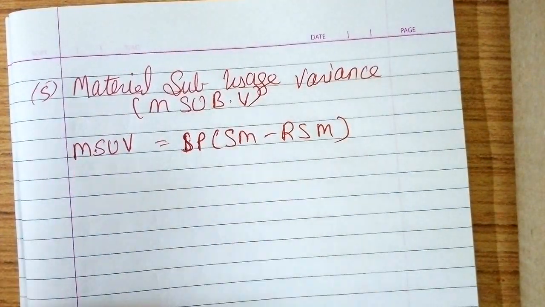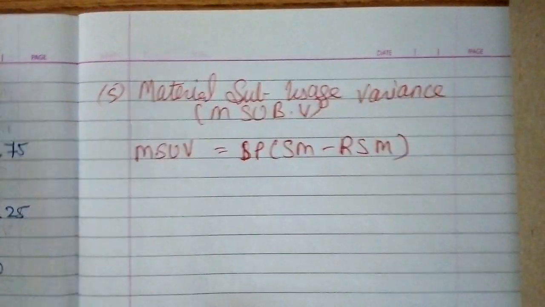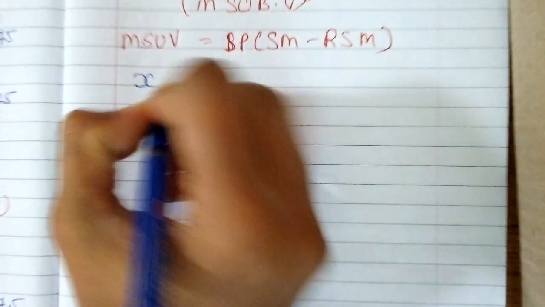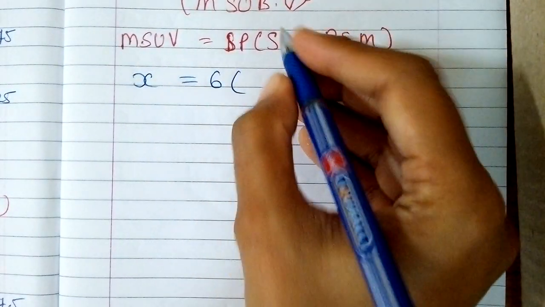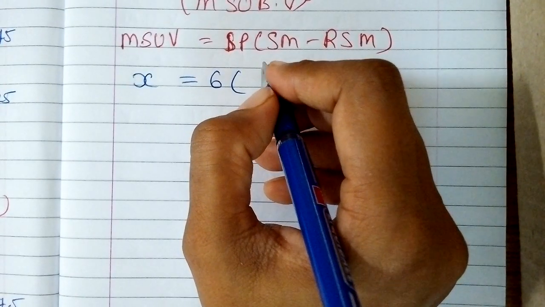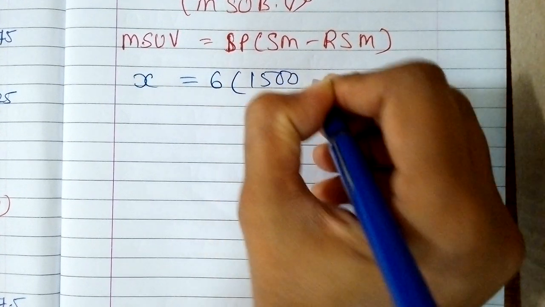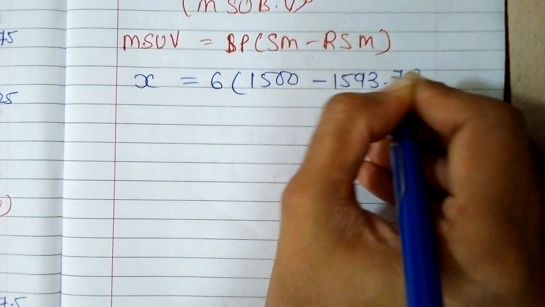Alright, so for X, standard price is 6, standard mix was 1500 and revised standard mix was 1593.75.